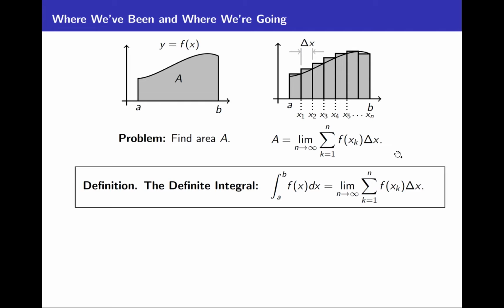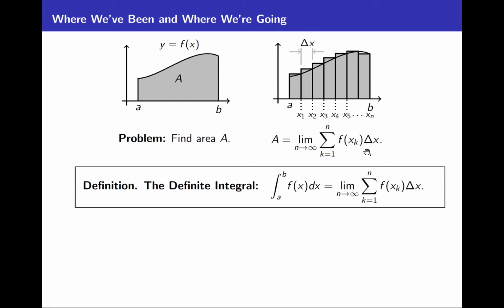Now, it's important to realize that in this definition of the definite integral from a to b of f of x dx, this limit doesn't necessarily give you area, because it could be that if your function f of x was ever negative, then some of these heights f of x sub k would be negative. So you'd get some negative contributions in this sum as well as maybe some positive contributions.